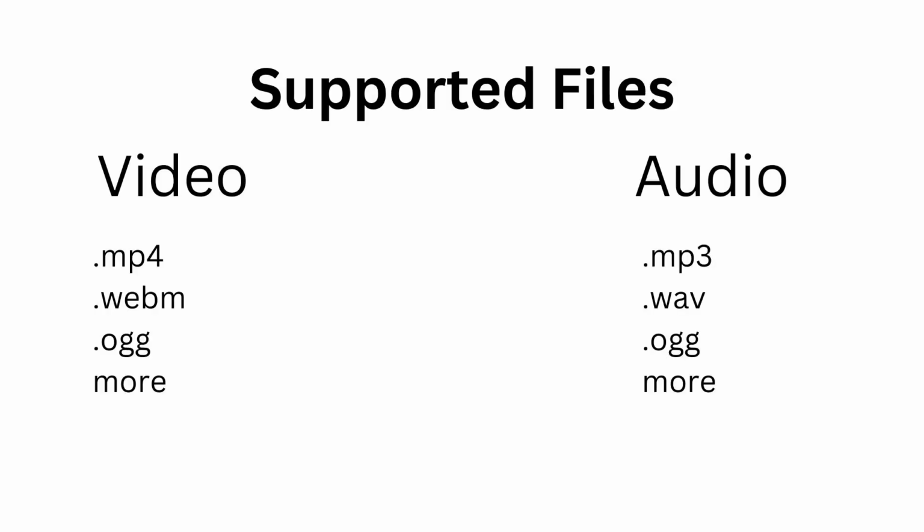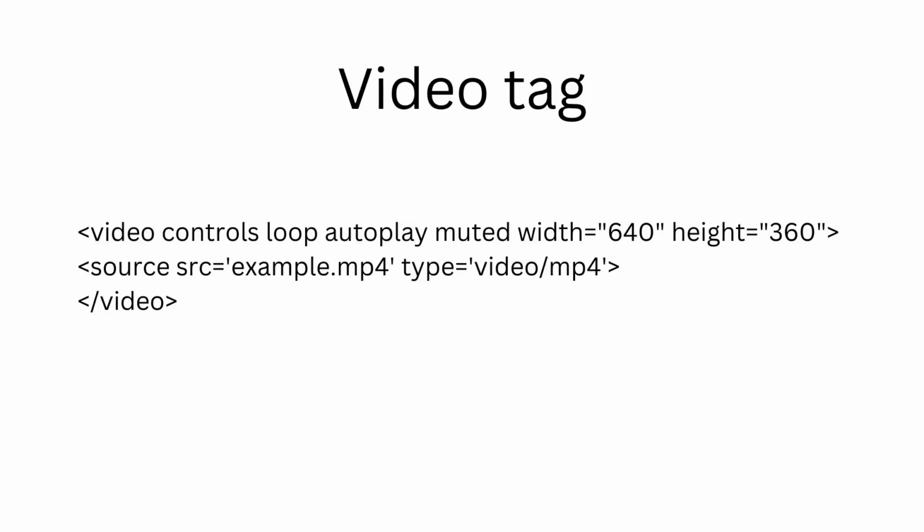For videos, most web browsers support the following file types: MP4, WEBM, and OGG. For audio, the following file types are supported by most web browsers: MP3, WAV, and OGG. To use the video tag, we start with the video tag itself, and then add a source element.